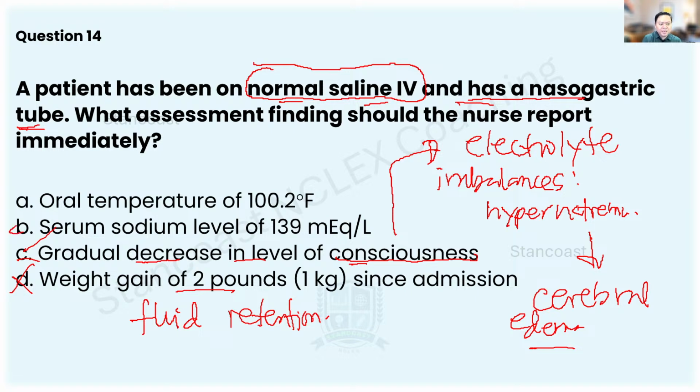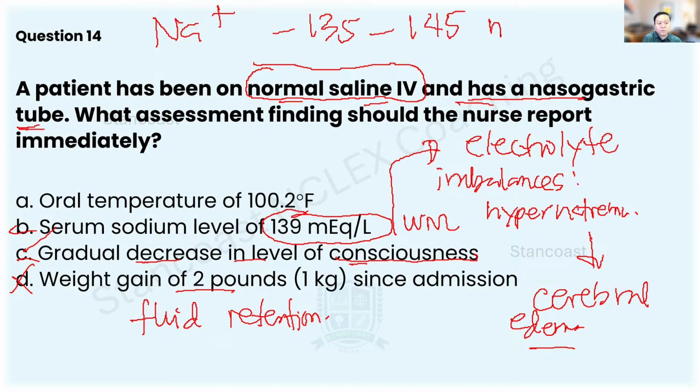And letter B, 139 milliequivalents. This is within the normal range, right? We know that the sodium level is supposed to be around 135 to 145 milliequivalents per liter.